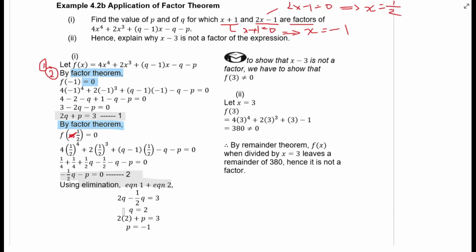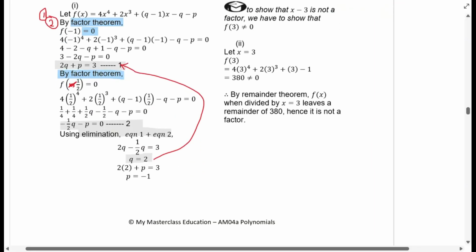And then you end up with q equals 2. Then you sub this back into any of the equations. So for example, equation 1, maybe it'll be easier. So you sub q equals 2. So it will be 4 plus p equals 3. Then manipulate it, and p equals -1. Therefore, you have your values of p equals -1 and q equals 2.